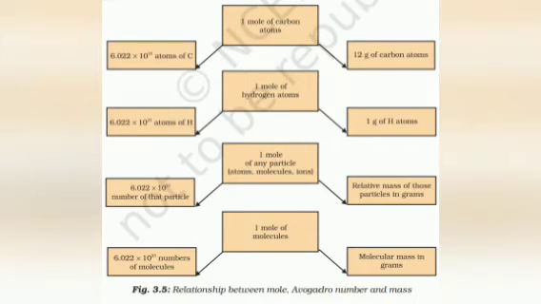So this many entities are there in one mole. Here you can observe 1 mole of carbon atoms. It contains Avogadro's number of carbon atoms, which corresponds to 12 gram of carbon, that is its atomic mass. So 1 mole consists of the atomic mass of the atom, and when we talk about numbers, it is Avogadro's number.